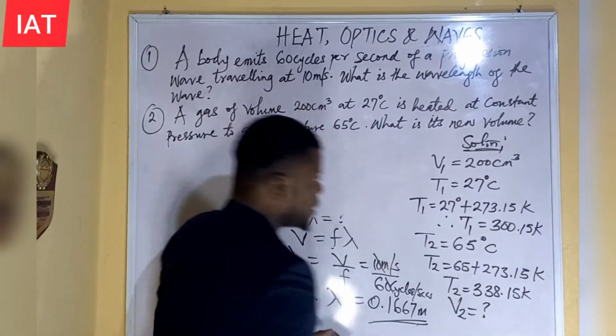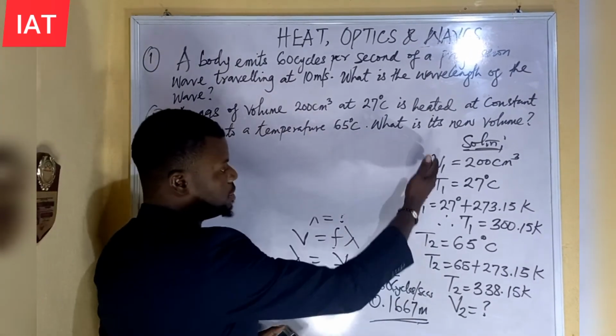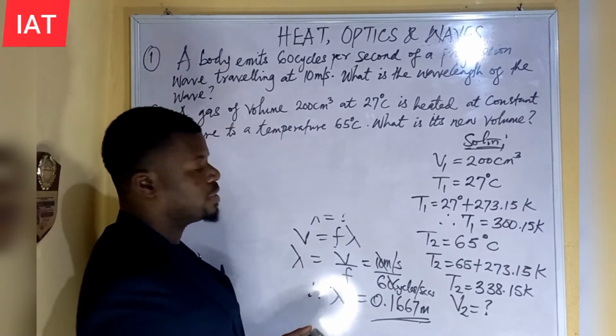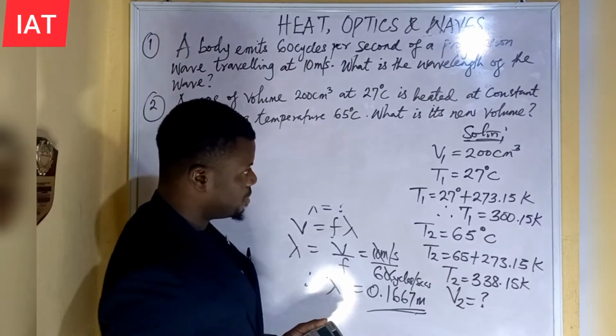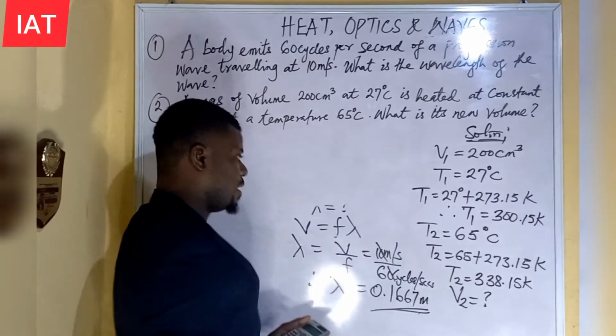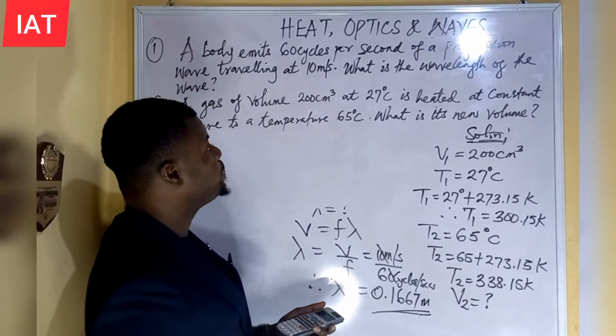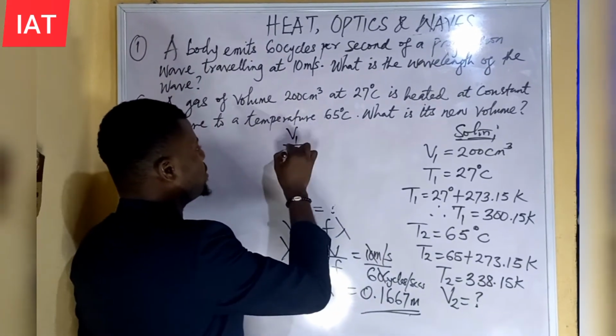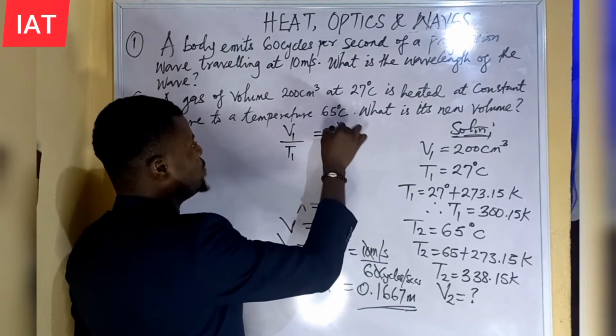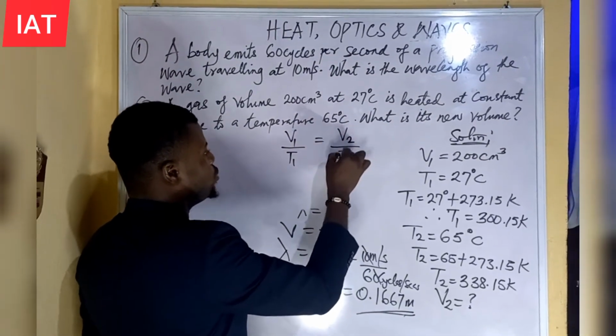So the new volume is not given, but at least the parameters have helped us to know exactly what we are expecting. There is a formula that connects both the temperatures and the volume, and that is V1 over T1 equals V2 over T2.